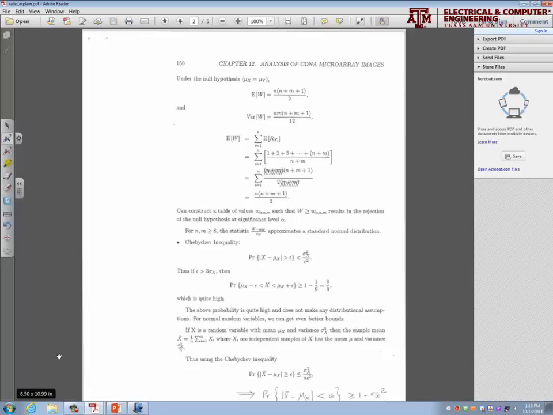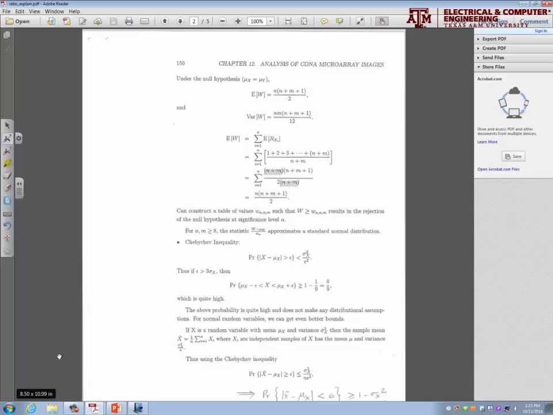So if you have a random variable x, the probability that the difference between x and its mean exceeds the quantity epsilon is less than the variance of the random variable x divided by the square of epsilon. So just accept this on good faith. If you don't believe me, I can show it to you, but it's not my fault.